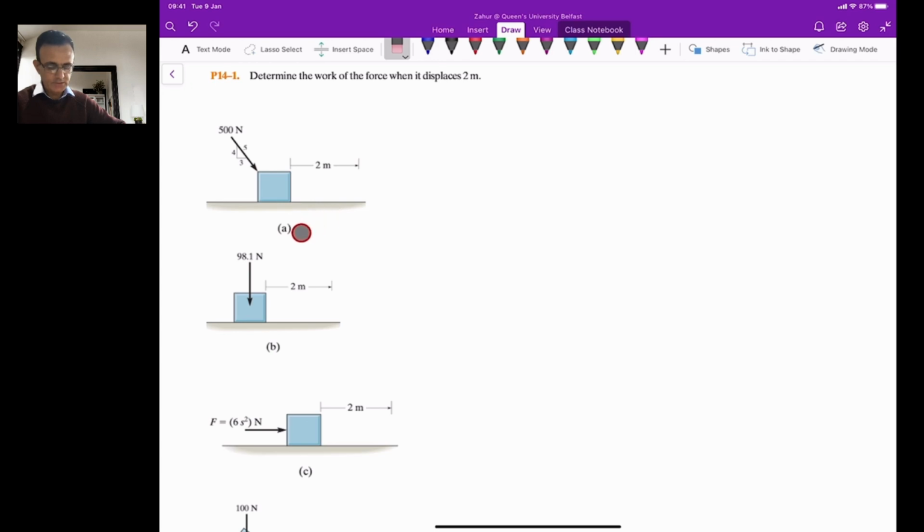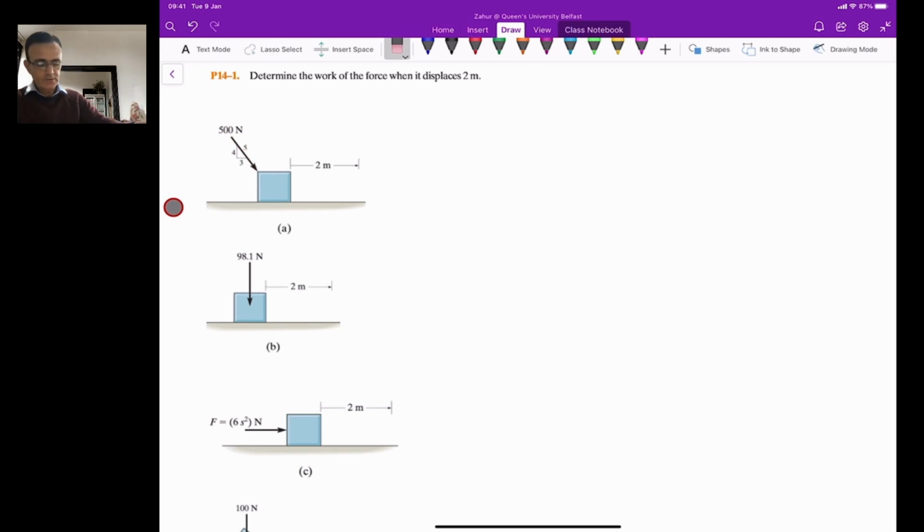So in the first case, what do you have? You have a force which is applied to the block here, and the block is moving through a distance of 2 meter, and the direction of the force you can calculate from this small triangle here.